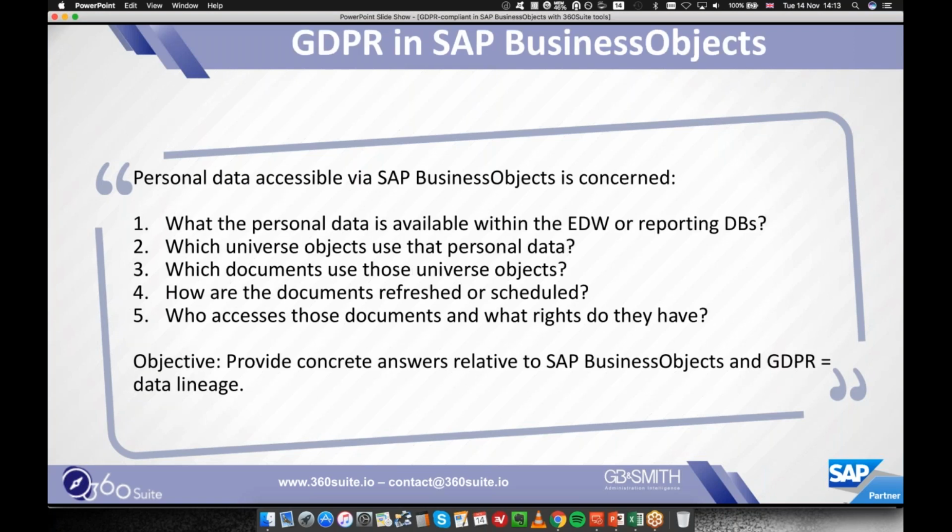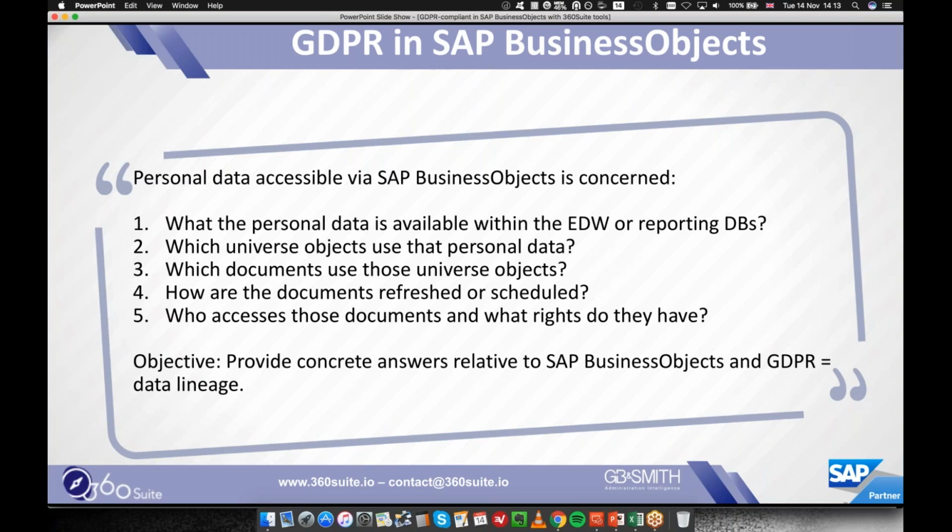And that's a big challenge because SAP BusinessObjects, your reporting infrastructure, is also subject to GDPR. It's not just what is in ERP systems, it's in the reporting landscape. And there's a lot of exchange of data, of information, including personal data. And it is important to have visibility within BusinessObjects of that personal data.